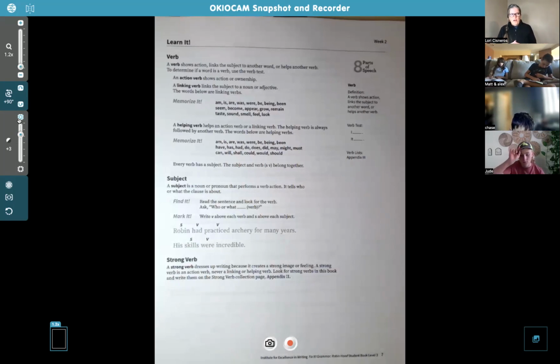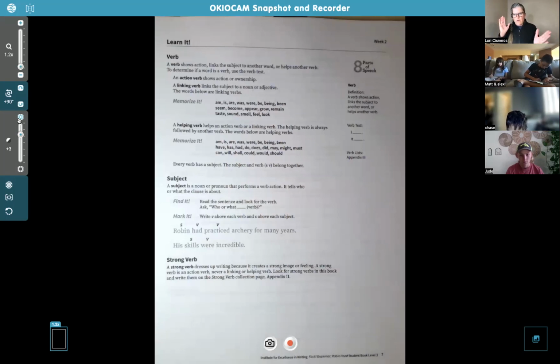For example, if I say the dog followed the cat, that word followed is a verb, right? It's okay. It works in the sentence. But if I say the dog chased the cat, now we have a better image of what's going on.